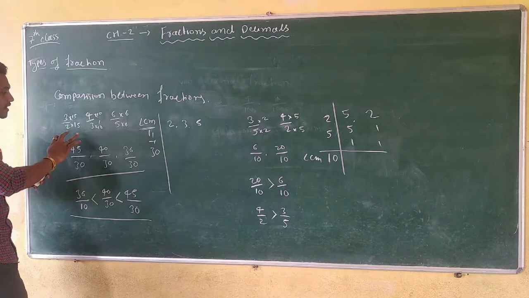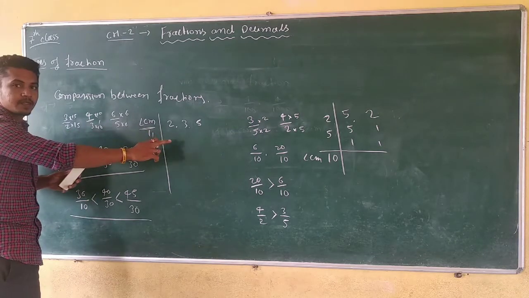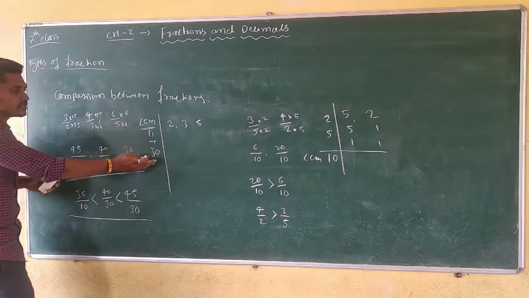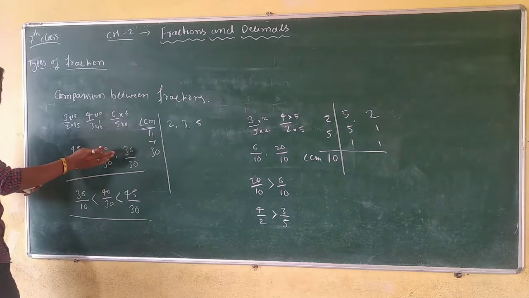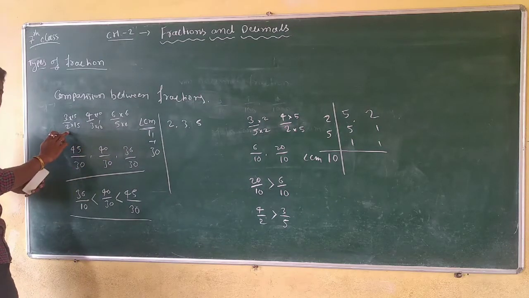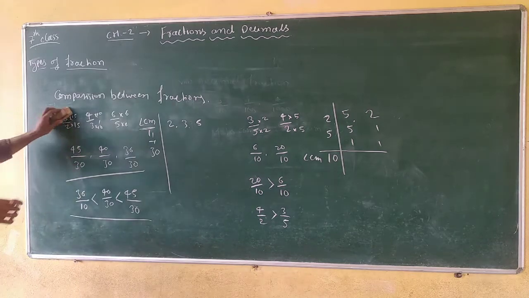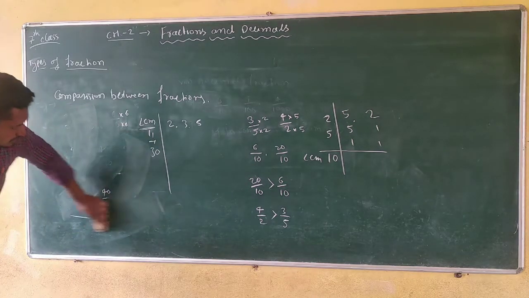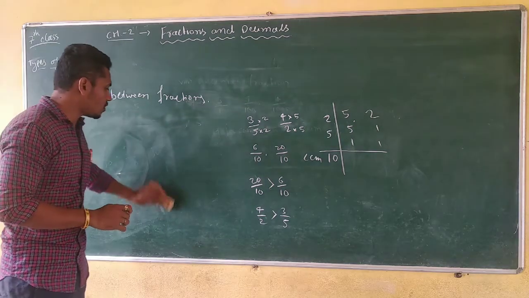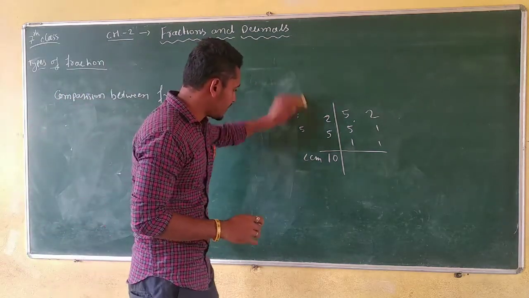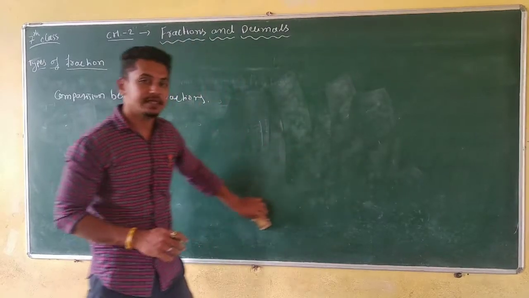First take the LCM of the denominators, and after that multiply this LCM into the numerator and denominator also. Now here, ascending and descending order. How to write the fractions in ascending and descending order.